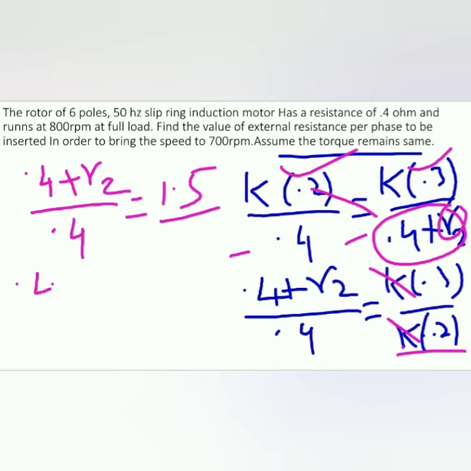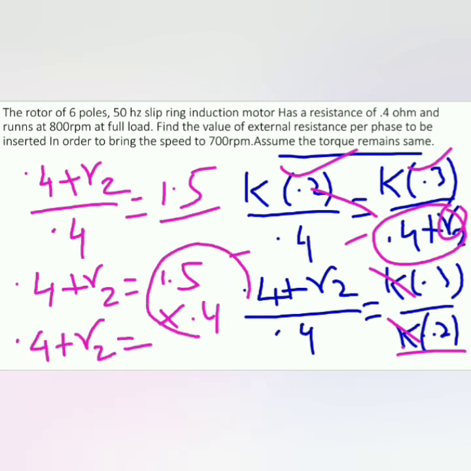So we can write 0.4 plus R2 is equal to 1.5 multiplied by 0.4. So 0.4 plus R2 is equal to 0.6.